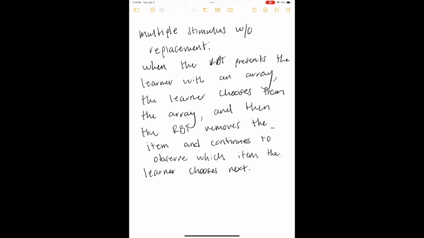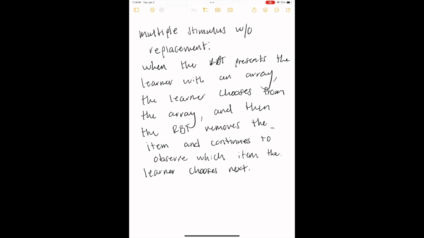When they do a trial flawlessly, you're gonna reinforce them with their most preferred reinforcer.